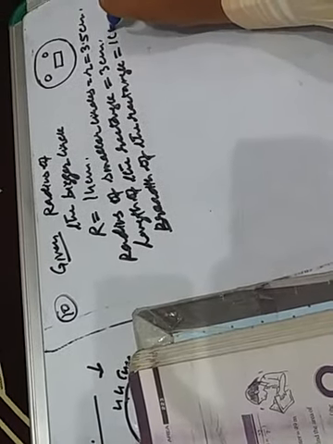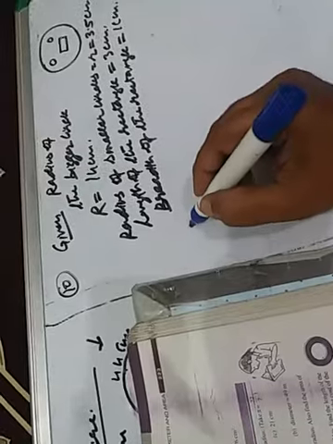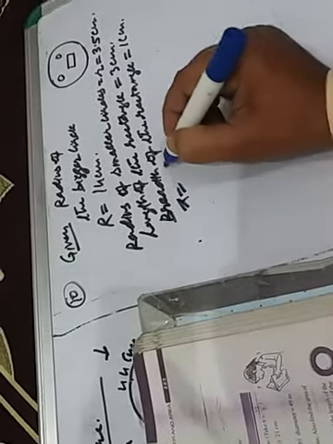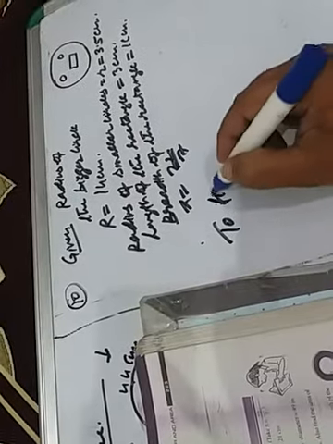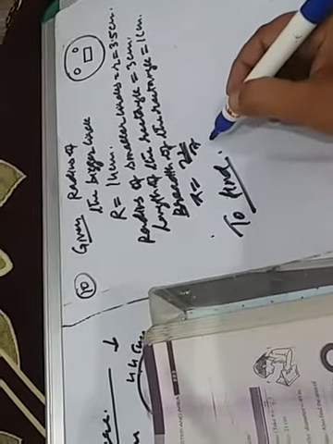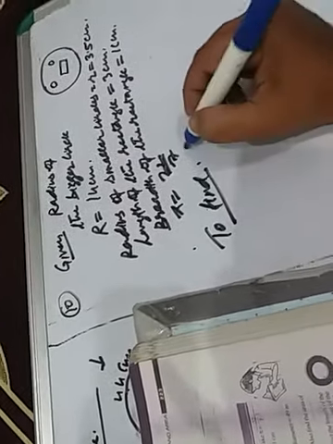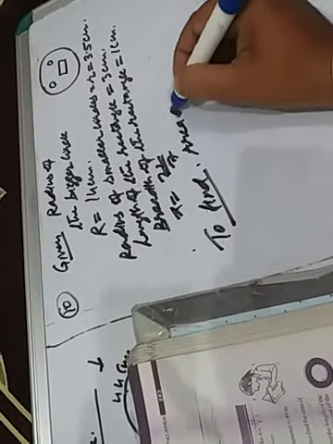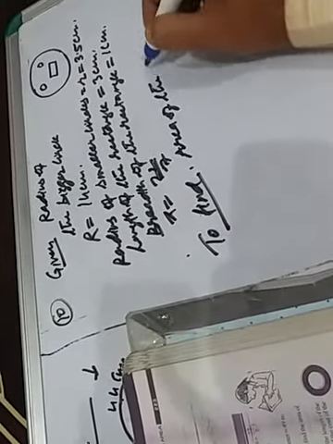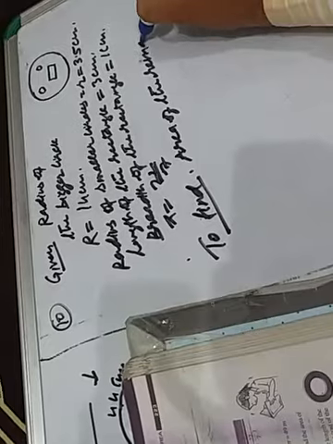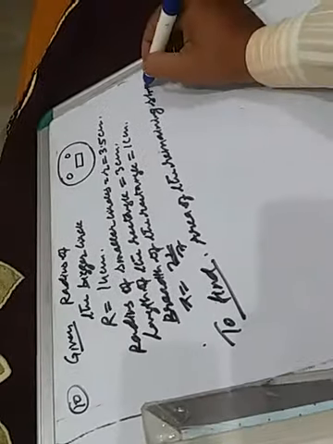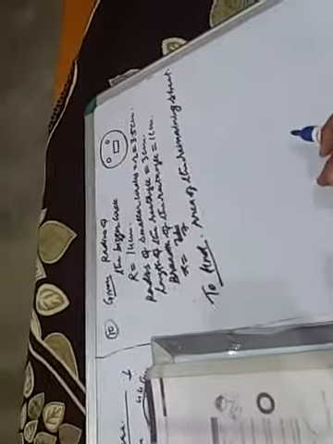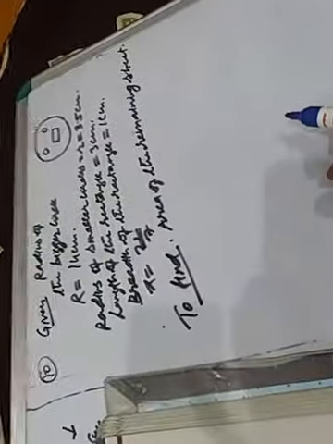Then what else is given? Pi equal to 22 by 7 is also given. Then what we have to find out: area of the remaining sheet. Okay children, let us see how to find the area of the remaining sheet.